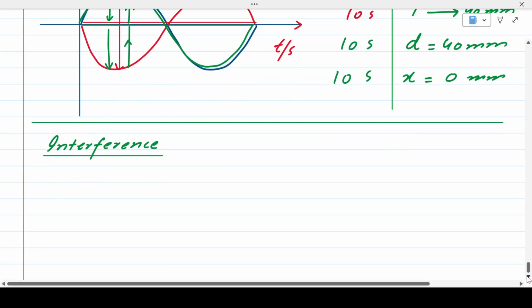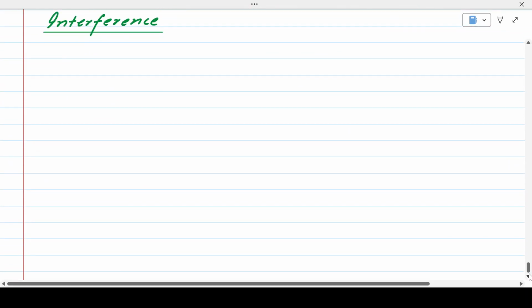Okay, then we have something which is known as interference. When two waves of the same type meet up at a point, they produce an interference pattern if they have the same frequency, same phase, and constant phase difference.